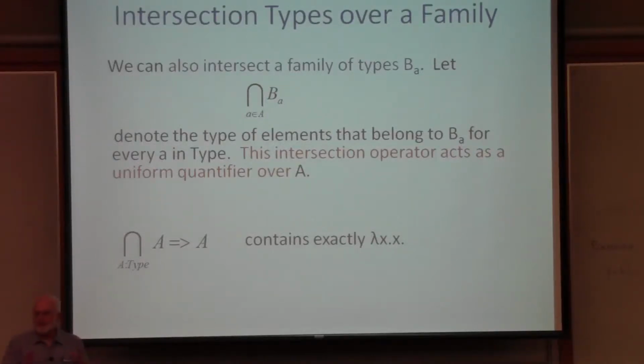So they're in all of them. So that does act like a universal quantifier. You're really saying here for all of these propositions B of A, all of those B of A are true. And in fact, they're proved the same way. They're proved uniformly.